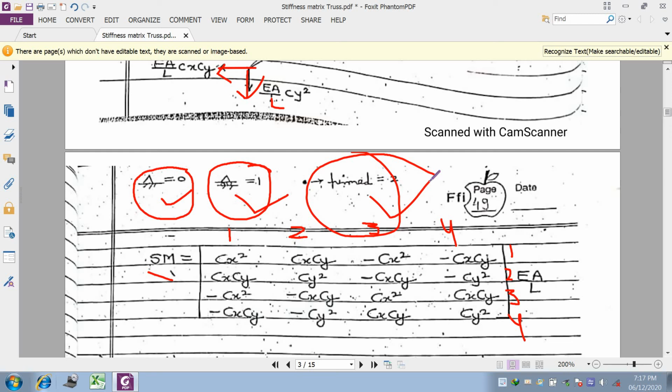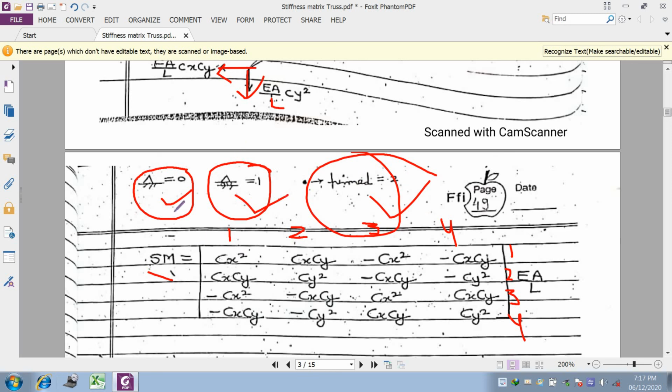In the numerical we will solve in our next lecture, a joint means whenever two members meet at a point, and that point is always considered a pin joint. There you have to consider 2 degrees of freedom, that is 2 unknowns. The support condition will be given in your numerical, and based on it you have to consider your unknown degrees of freedom.